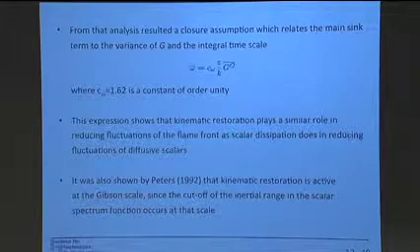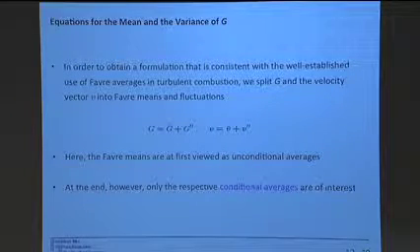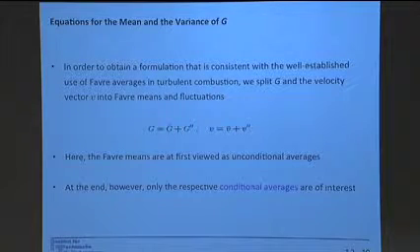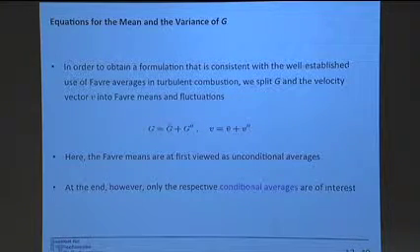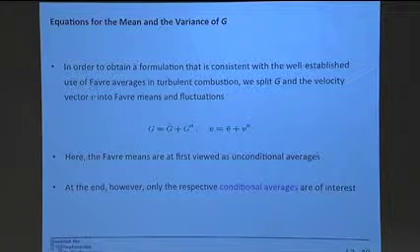Okay, this here we should skip. And so then we can derive equations for the mean and the variance of G that then also describe the mean flame position and the flame brush thickness.